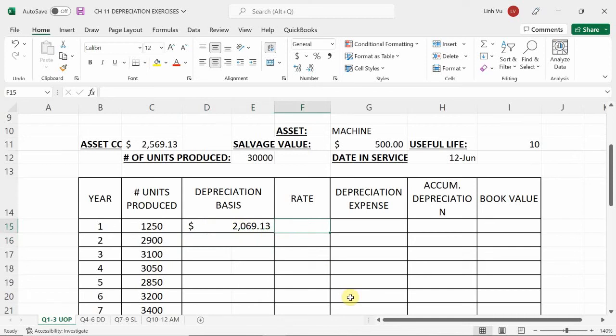Units of production divided by useful life? Not divided by useful life.